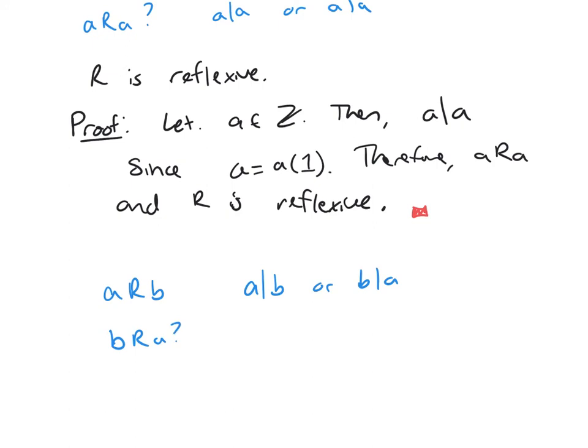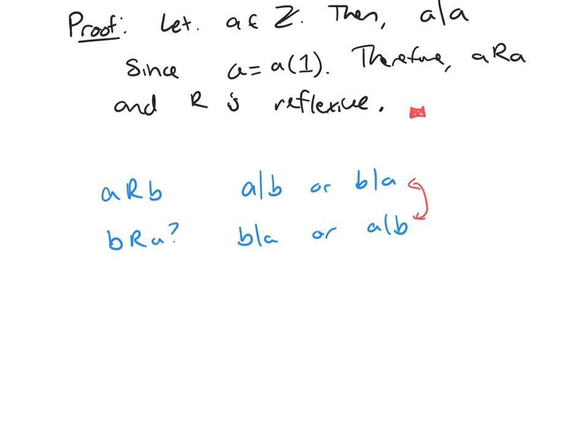Well, if b relates to a, then b divides a, or a divides b. But these are really the same things, just written in the opposite order. So I'm going to conclude that R is symmetric.